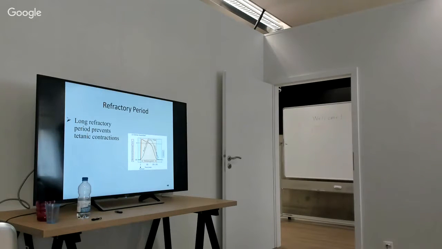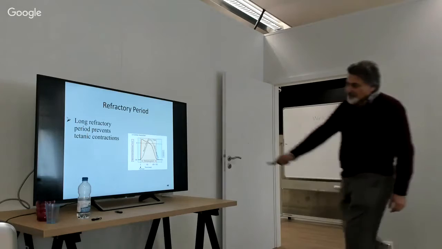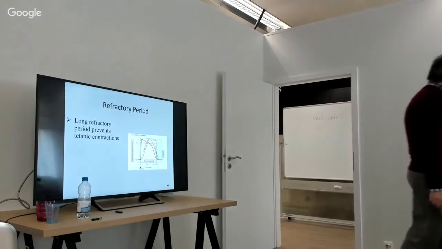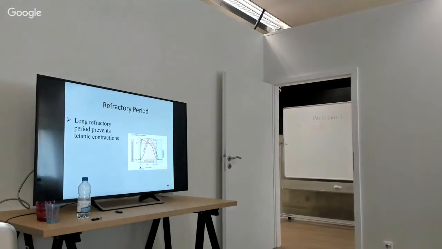Just to understand this plateau theory on the graph, it simply means the longer the plateau, like the refractory period, the more time it gives for the cardiac muscle's action potentials not to come together. So the end effect is that tetanus does not happen in cardiac muscle.